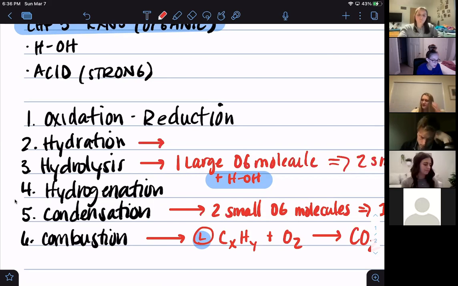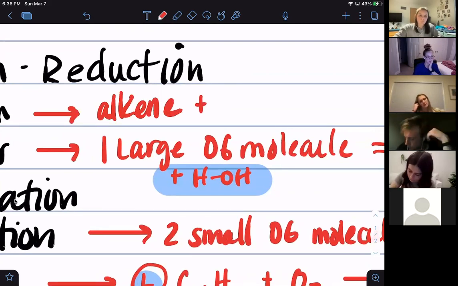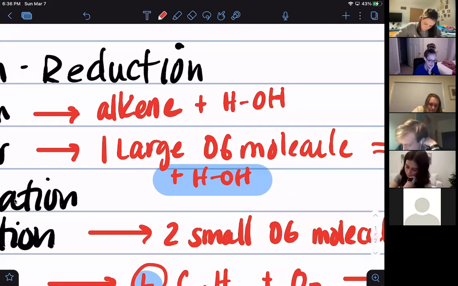Now we've got to go into a hydration reaction. Okay, key takeaway here is you're having an alkene. You have to have an alkene and you have to have water. So alkene, double bond. You have to have a double bond to be a hydration reaction.